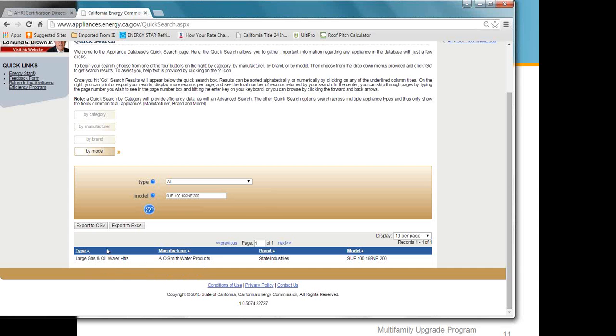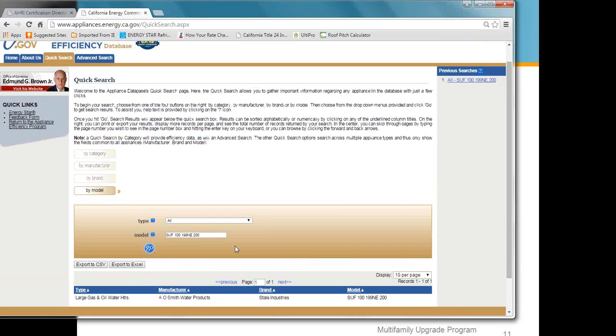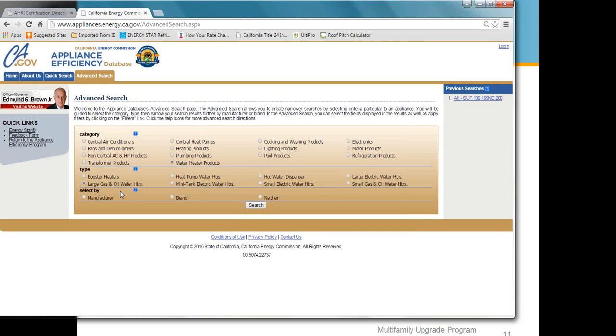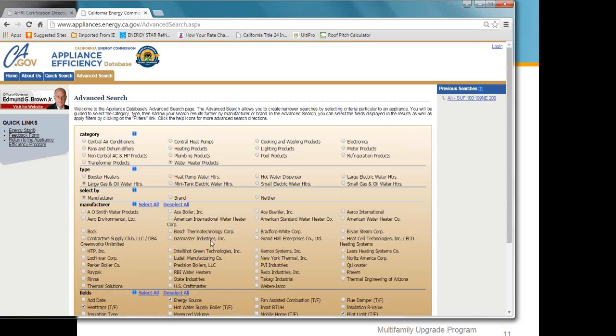Those categories translate back to your advanced search, and then you go for your type, your category, water heater, large, manufacturer, and so on. So that's the way that I work with the CEC appliance database.